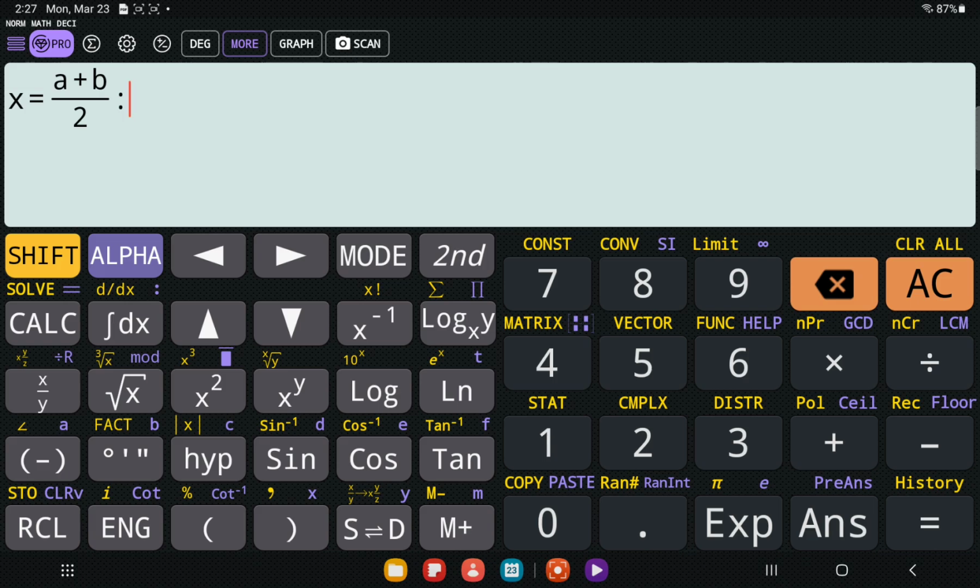The equation is alpha x to the power of 3 minus 6x plus 4. That's a very interesting one. Alpha x to the power of 3 minus 6x plus 4.